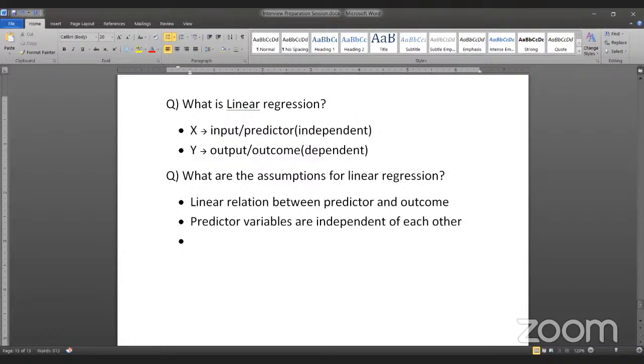Third, errors are normally distributed and no correlation exists between them.